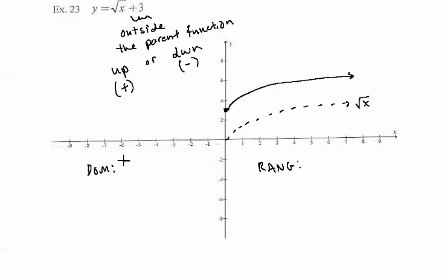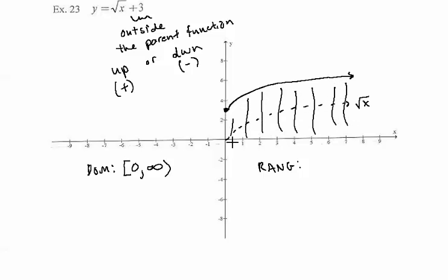So our domain stays the same. The curve still overshadows this positive portion of the x-axis. Okay, so it casts a shadow on this part all the way out to positive infinity.